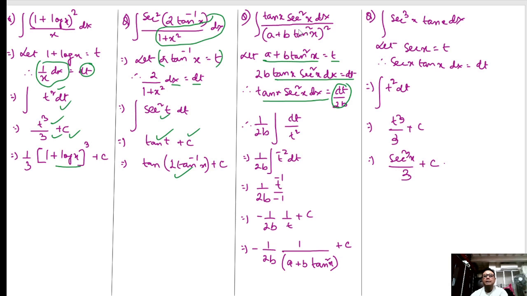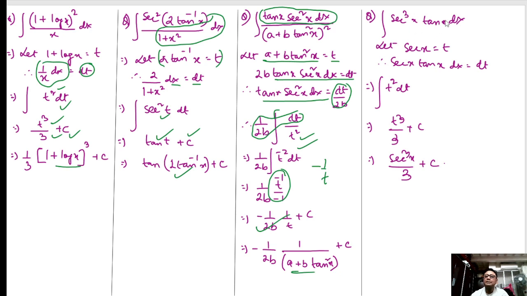So we get dt by 2b integration, and the lower part I have taken as t, so t square. So t to the power minus 2, which is minus 1 by t. Putting the value of t, we get the answer.